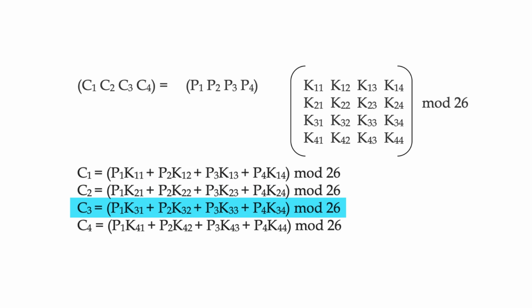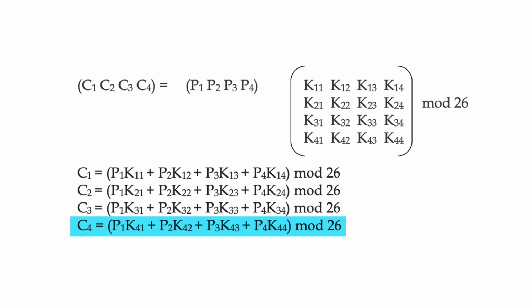C3 will be equal to P1 K31 plus P2 K32 plus P3 K33 plus P4 K34 mod 26. And the last, C4, will be P1 K41 plus P2 K42 plus P3 K43 plus P4 K44 mod 26. These steps will follow for the remaining blocks as well.